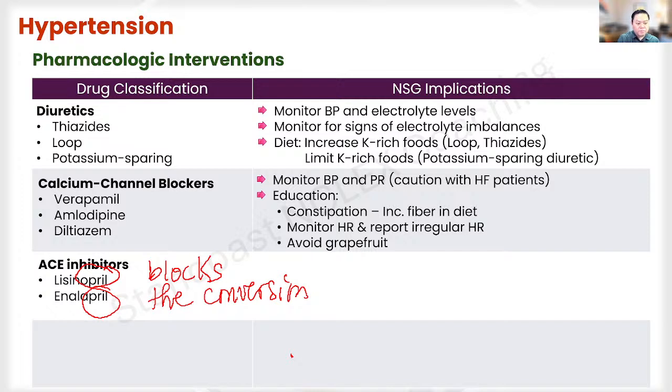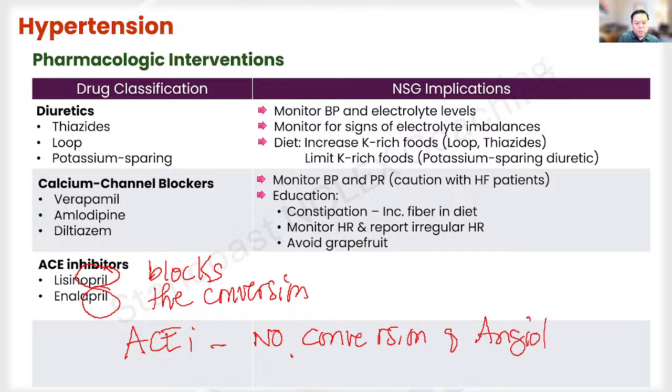So with ACE inhibitors, let me just write that down. With ACE inhibitors, no conversion of angiotensin 1 into angiotensin 2.